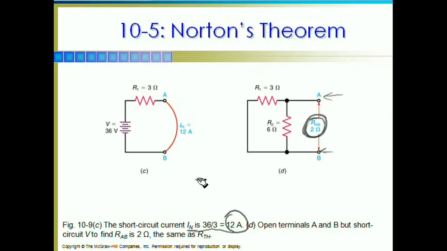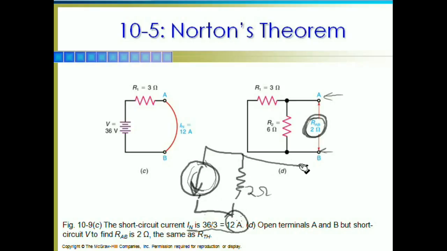So now what our circuit is going to look like for analysis, we're going to have a current source, two ohm resistor, and then our load, which in this case is 2 ohms.